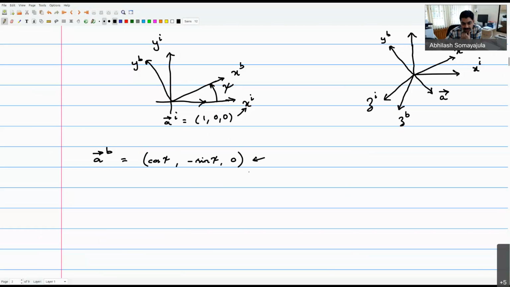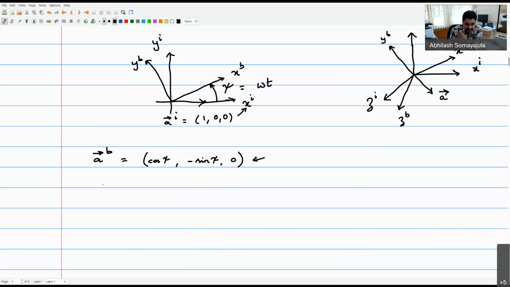All right. Now let's assume that this angle psi is actually nothing but some omega times t, which means that the body fixed frame is actually rotating with respect to the inertial frame by an angular speed omega. At any particular time instant I have considered this.